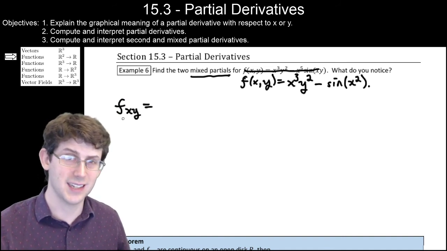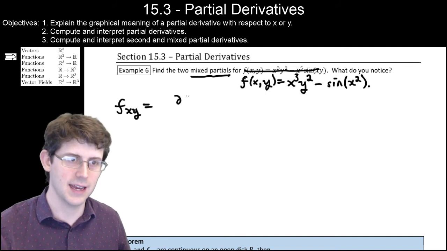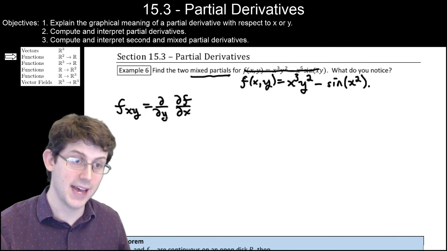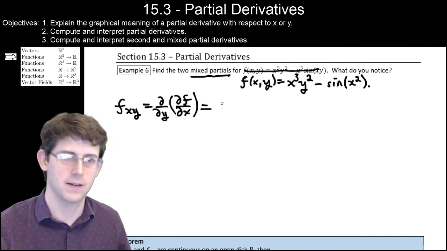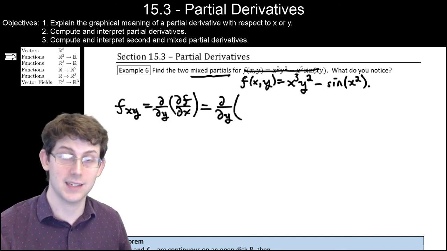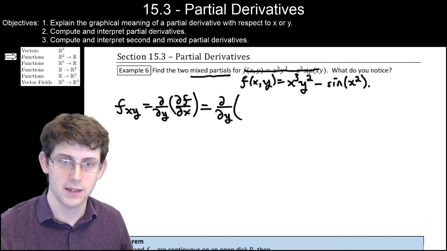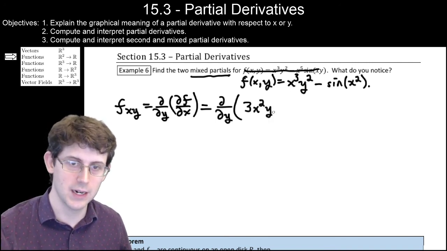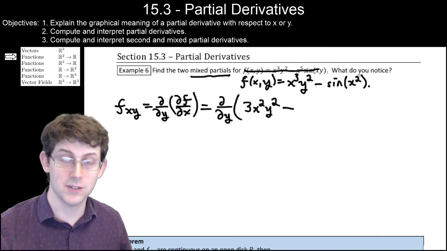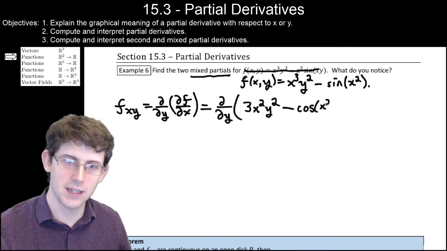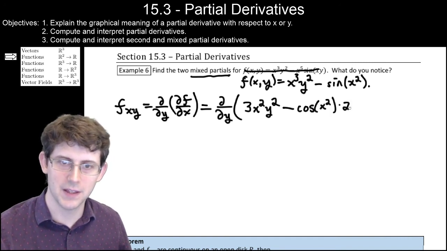f_xy, since the x is closer to the f, we're going to find the x partial derivative first and do the y partial derivative of that. I'm going to keep the y partial derivative for later. Let's do the x partial derivative of this function. The x partial derivative of x cubed y squared is 3x squared y squared. And the x partial derivative of sine of x squared is, well, we'll do the derivative of the outside function, and then chain rule, multiply by the derivative of the inside.